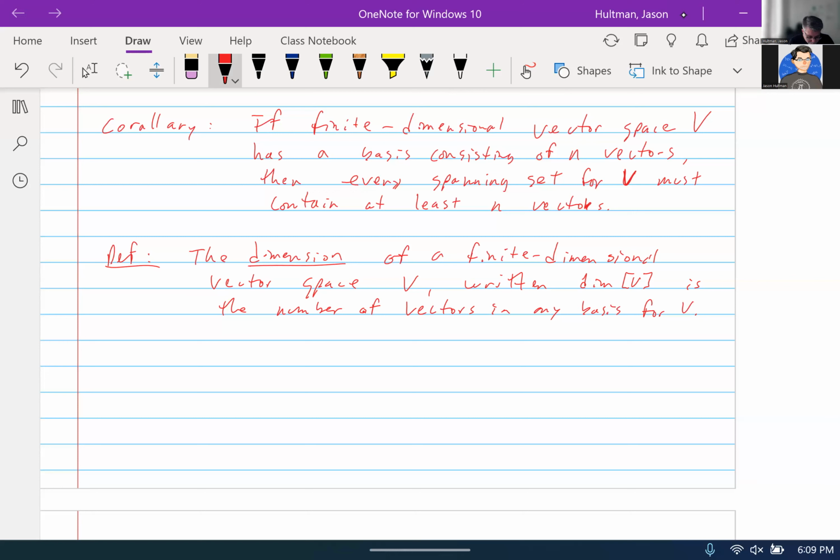Okay. The dimension of R2, as we saw, for the standard basis vectors of R2 was 2. The dimension of R3 was 3. So in general, the dimension for Rn would be n.